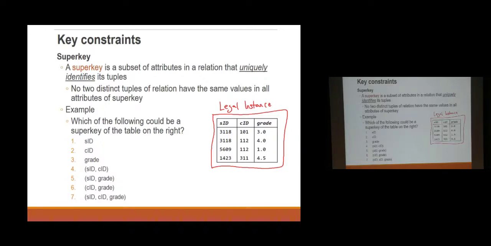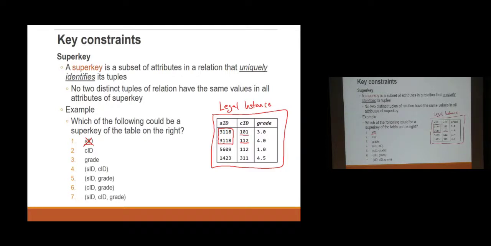Then what we can say is, just look at this one by one. You look at SID. Is there any SID that is the same but gives a different value on other attributes? That's what we call a violation. So we look at this. These two are the same, but these two are different. So this cannot be a super key.